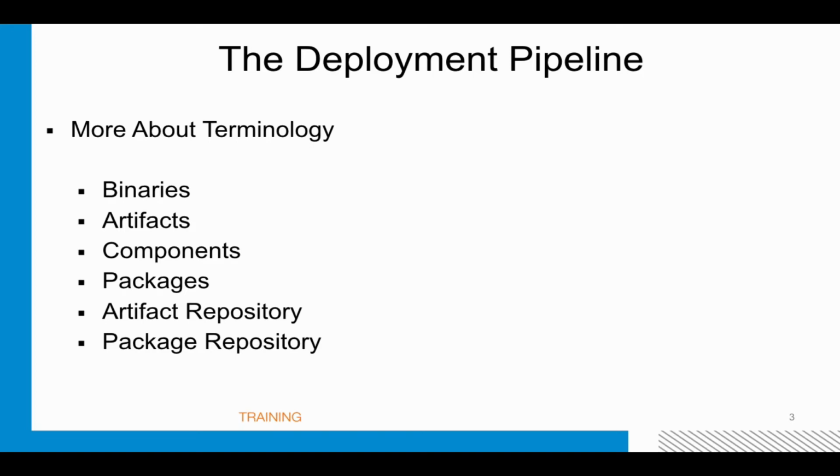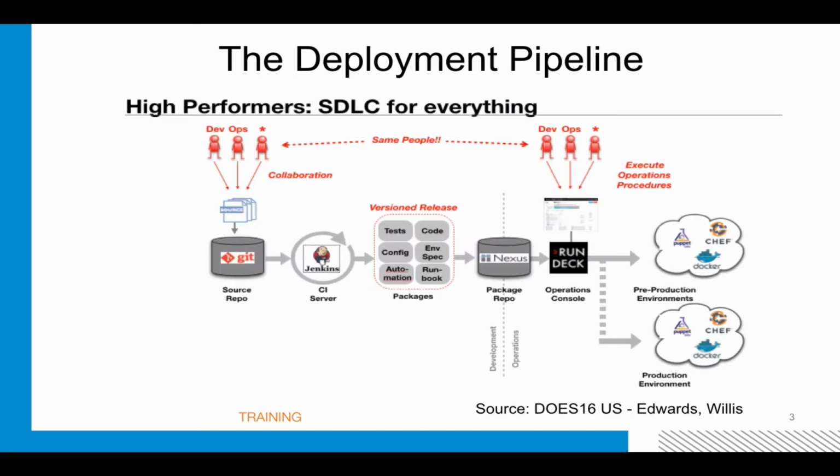Also, this stuff is covered pretty extensively in Tom and Chelly's work, and then also Humble and Farley's work in Continuous Delivery. And Damon Edwards at DevOps Enterprise Summit 16, if you Google, we'll have some links, but DOES 16, Damon and I did a presentation on high performers and what their SDLC, software development lifecycle, just another word for continuous delivery pipeline.